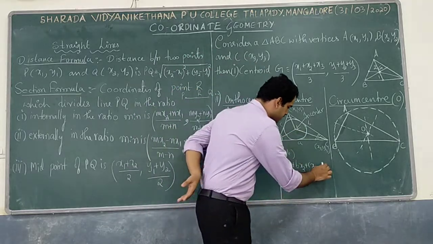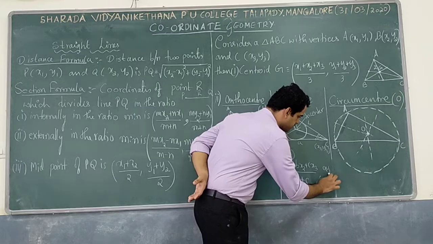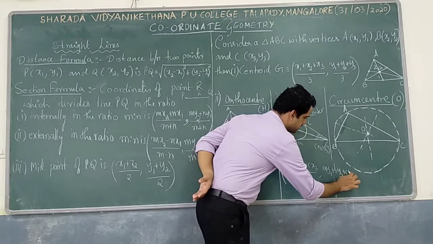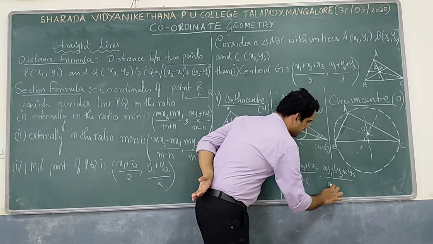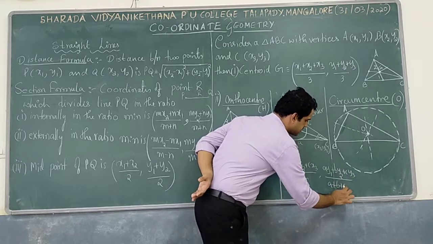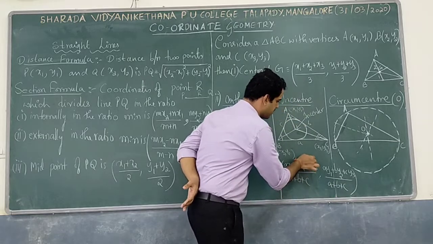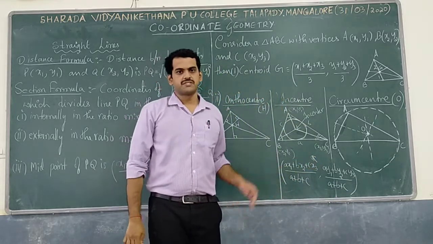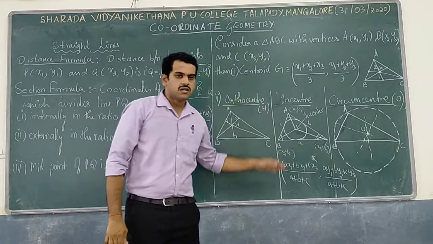Now similarly, the y coordinate is given by a into y1 plus b into y2 plus c into y3 divided by again a plus b plus c. So this is going to give you the incenter of the triangle.